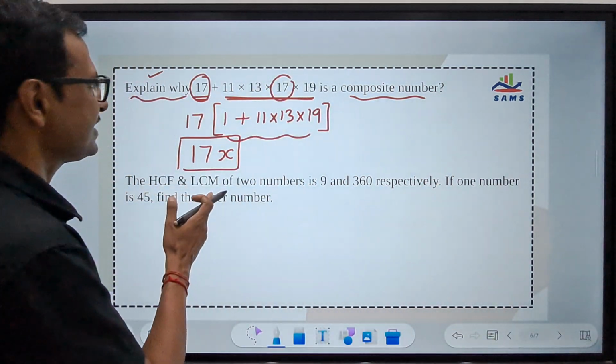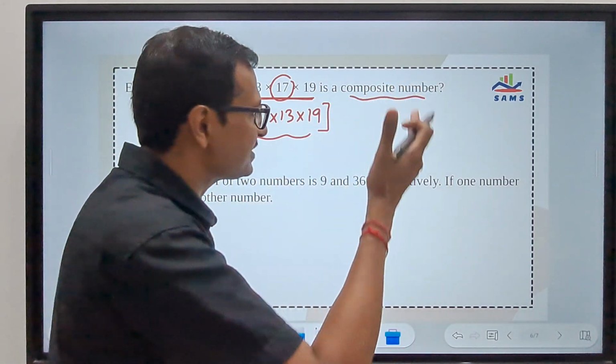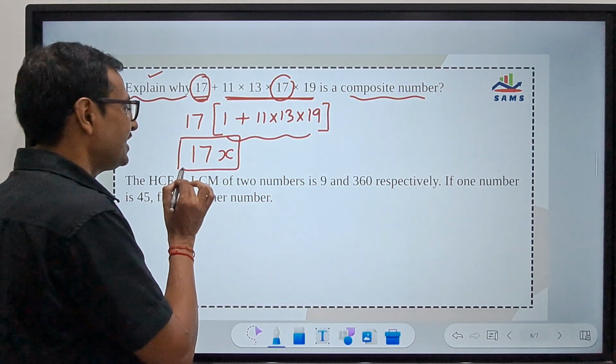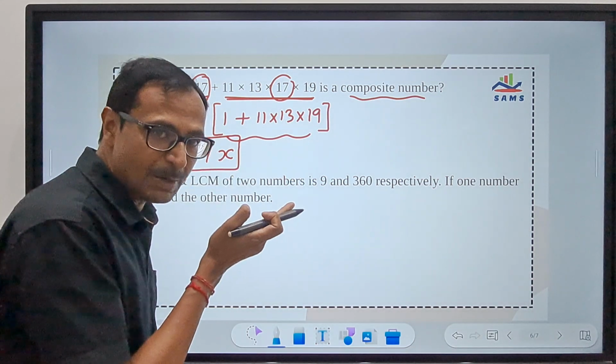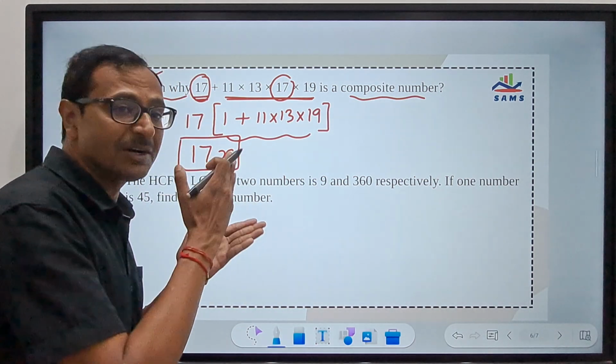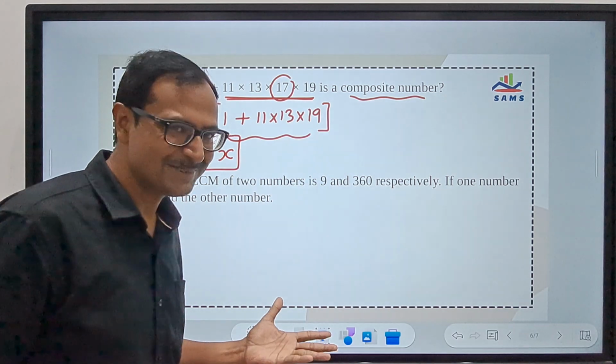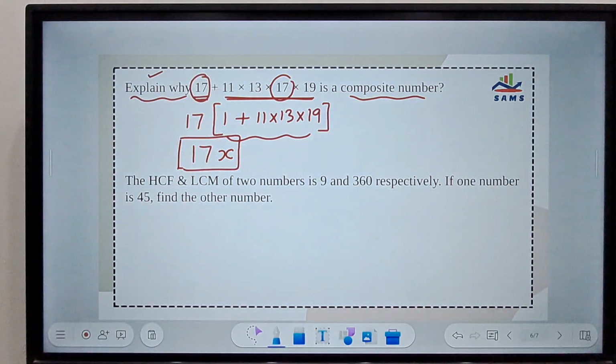And so we can safely say, so you have to write some English sentences here to get 1 mark, right? So you have to write, since it is a multiple of 17, it is divisible by 17. So 17 is the third factor and therefore it is a composite number, right?